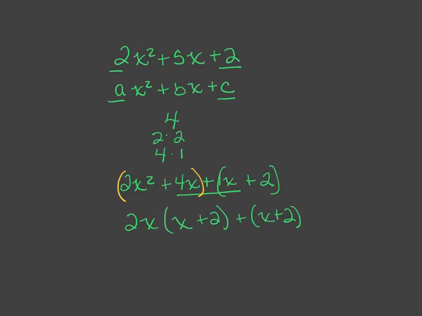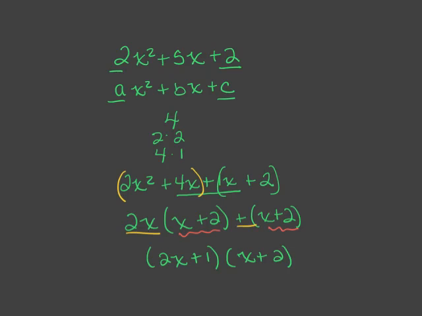So what would I put in my first binomial? Well, I'd put the 2x, but I don't really have another coefficient to use over here. So of course I'm going to just naturally use plus 1. And then the other matching binomial will be just x plus 2.